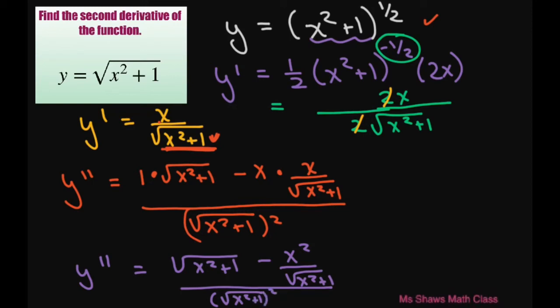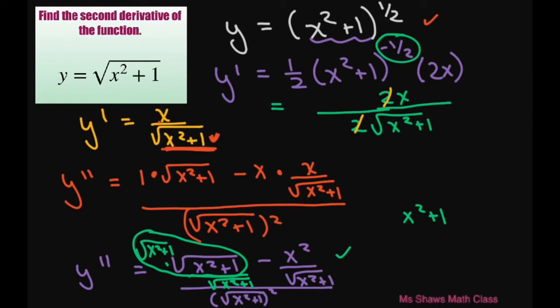I'm writing this again because what we're going to do is get the common denominator, and I'm going to go ahead and put that there. So to get the common denominator for our numerator, I need a square root of x squared plus 1 here. So that means I have to multiply the numerator by the square root of x squared plus 1 as well. So I'm going to be multiplying these two, and that's just going to give you x squared plus 1.